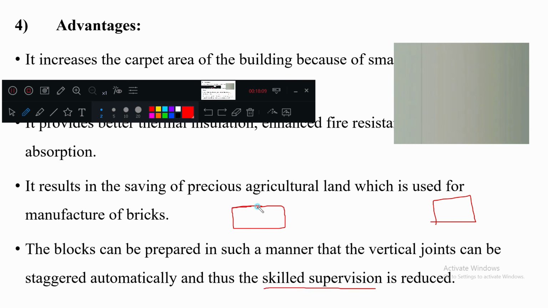Cement concrete blocks are properly edged, so vertical joints are fewer and can be staggered automatically. Skilled laborers are less required here. That is the main point.